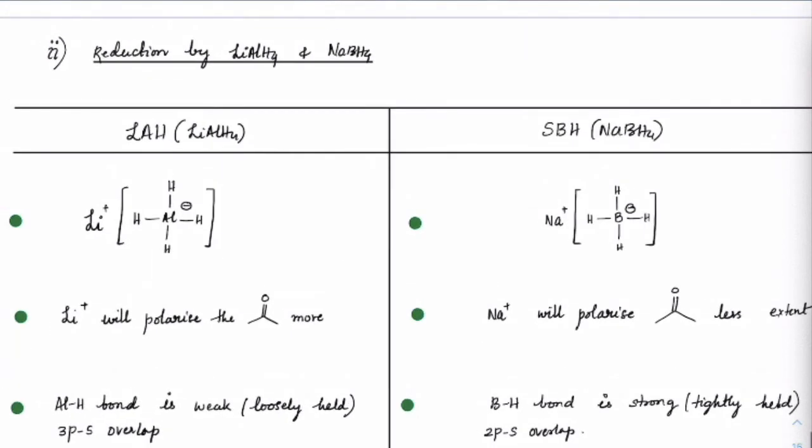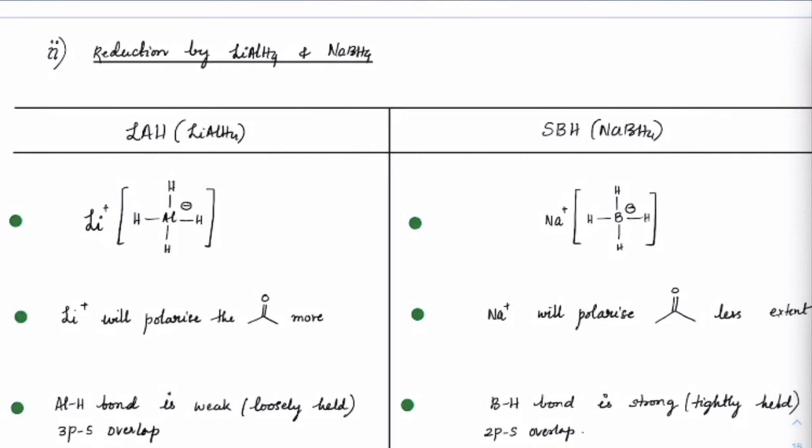Let's see the next important reagent. Okay, this reagent we'll study together. One is lithium aluminum hydride and the other is sodium borohydride. Instead of directly studying where they will do reduction, because they both have been very exhaustively used throughout organic reactions, wherever reduction has to be done, we'll either take LAH or SBH.